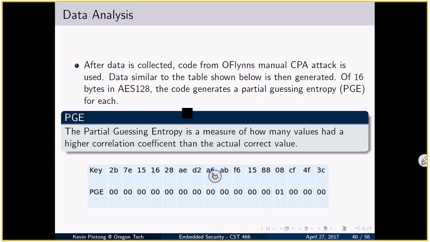You need to know the actual correct key to calculate the partial guessing entropy, right? So from 0 to 255 values, a value of 0 indicates it's a correct key. A value of 100 indicates that 100 other values were ranked higher in your sample than your actual correct key. That's what the partial guessing entropy measures.